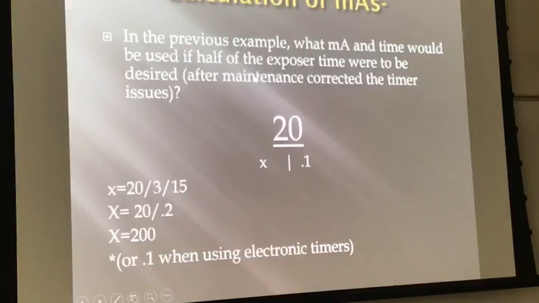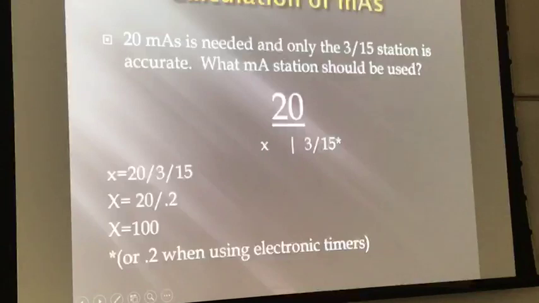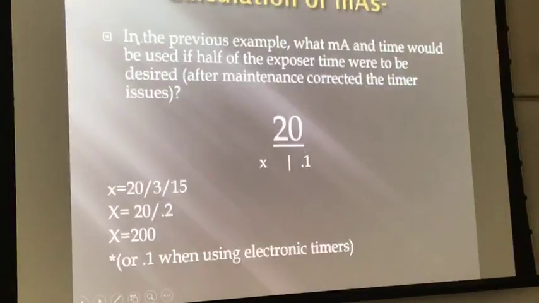Okay. So what we had was 20 mAs, and we found out that we had 100 mA station, right? Because we calculated this out. So if on the next adjacent question you had this, in the previous example, what mA and time would be used if half the exposure time were to be desired.